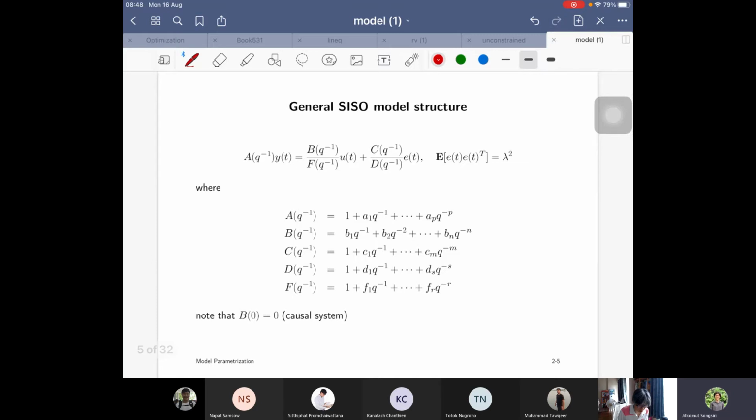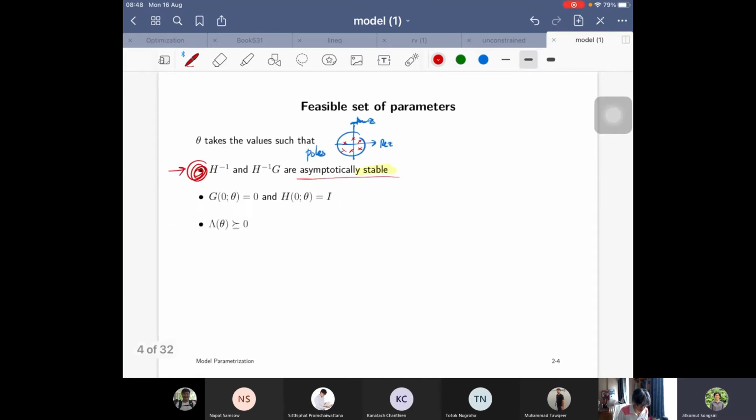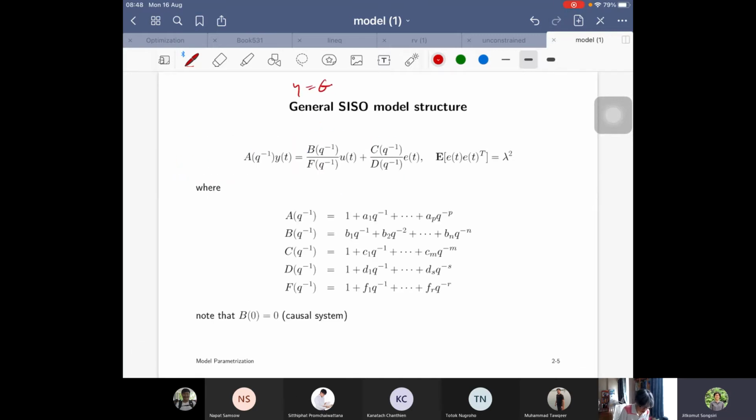For the general model structure, y equals G u plus H e, which is represented here as MIMO, when we reduce it to the SISO case, you can represent it as some polynomial times y. This is a scalar rational transfer function, which means this is a numerator polynomial and a denominator polynomial.